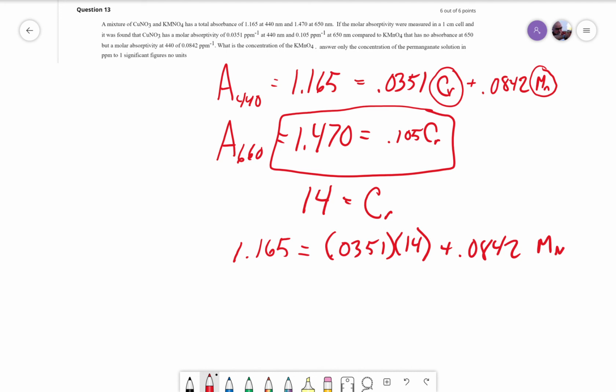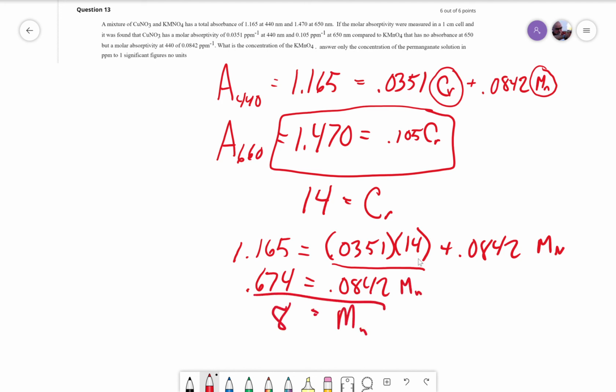If we solve this, I can multiply these two by each other, divide both sides. .8 ppm is the final answer.